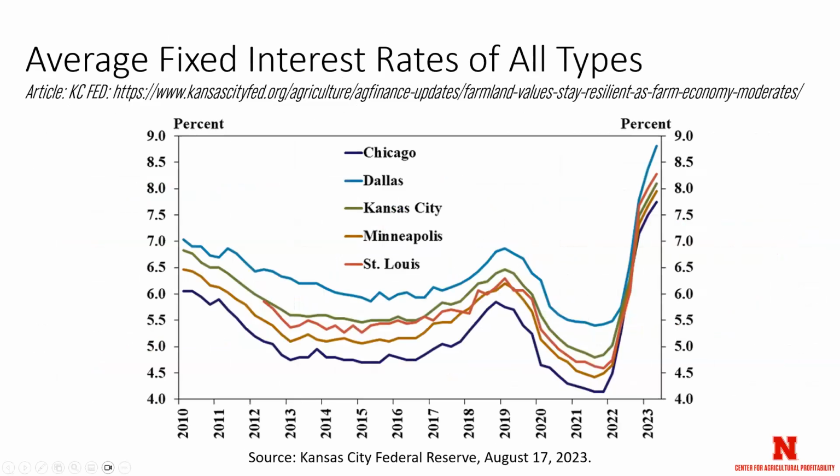And the other common thing that we get for questions is, when is a cash rent due? I remind folks, especially if you're dealing with a beginning producer, when we're talking about setting cash rental rates and you're demanding all the cash rent upfront, day one when the lease is signed, if you're someone that has a line of credit that you're having to borrow on for inputs or rent or whatever the case might be, our interest rates are much higher than they've been in the last couple of years.